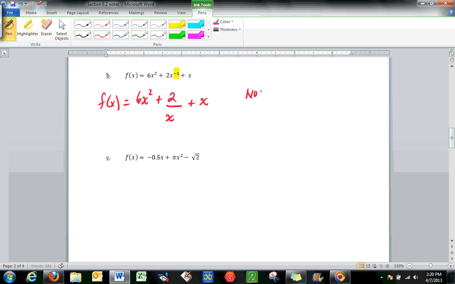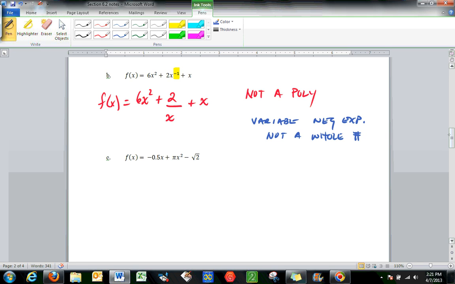So this is not a polynomial function, and the reason why is because the variable has a negative exponent, so it's not a whole number. So that's extremely important for you to recognize.